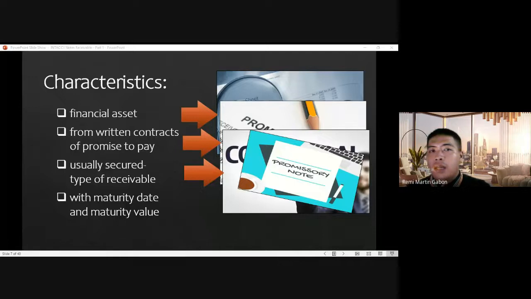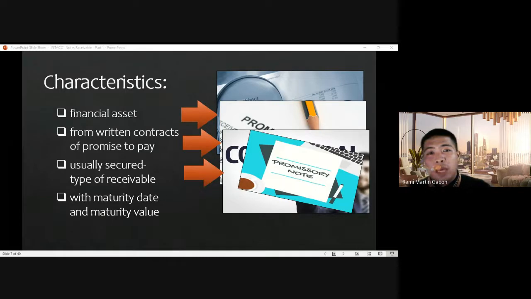Okay? Kahit anong mangyari, mabaliktad man ang mundo, gumuho man ang lupa, mag-tsunami man, basta hawak mo pa yung promissory note na yan, you can still collect from the issuer.